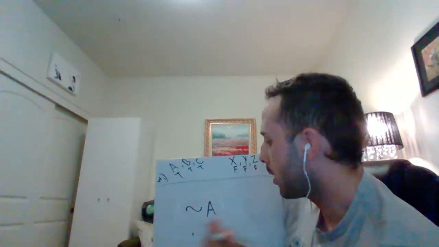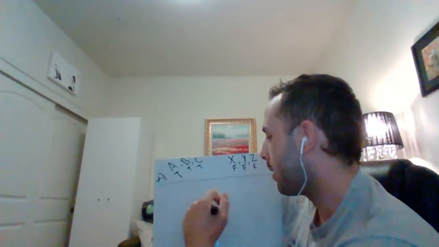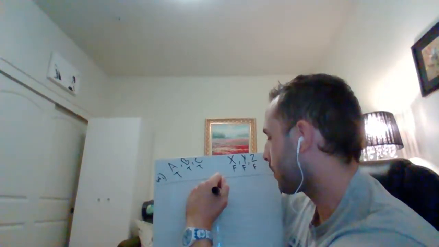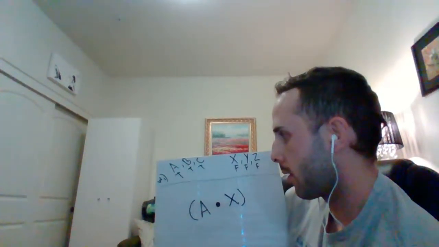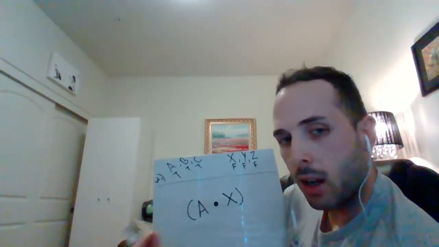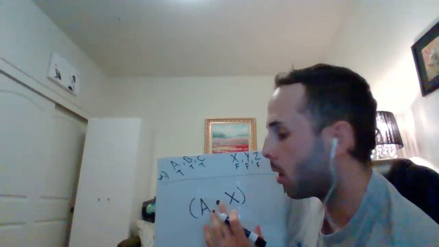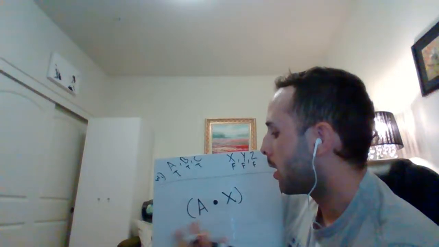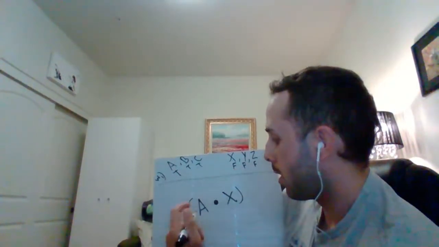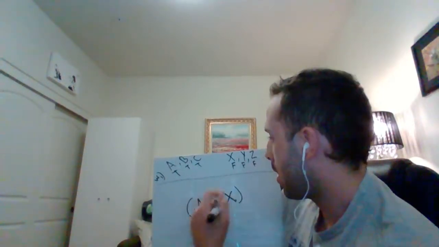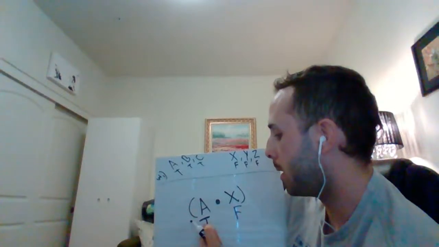Okay. Now, let's say I have A and I have X. To calculate the truth of this compound proposition, I'm going to input the truth of its component parts, of its atomic pieces.